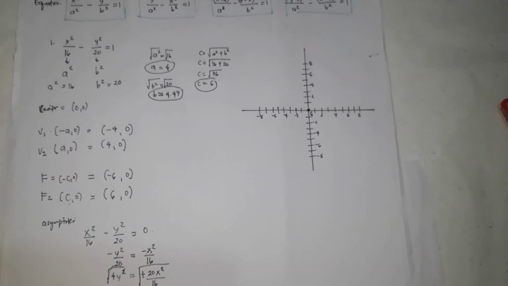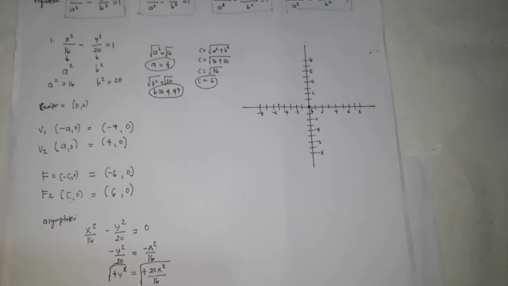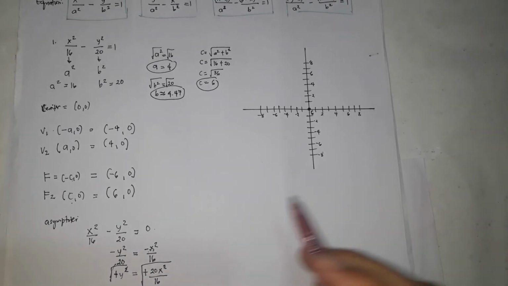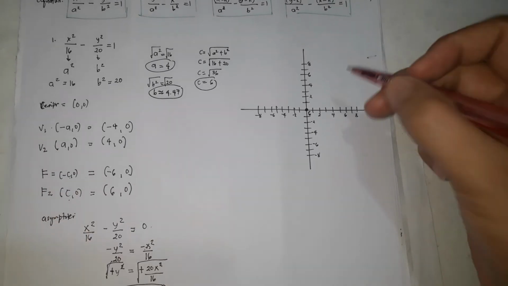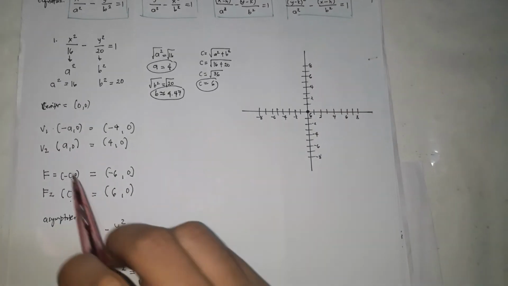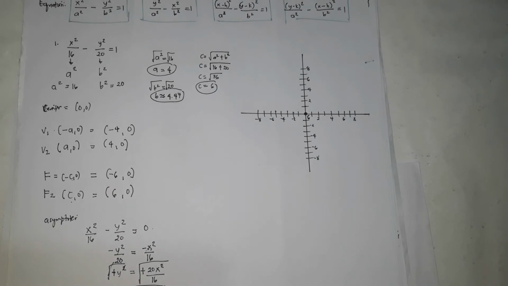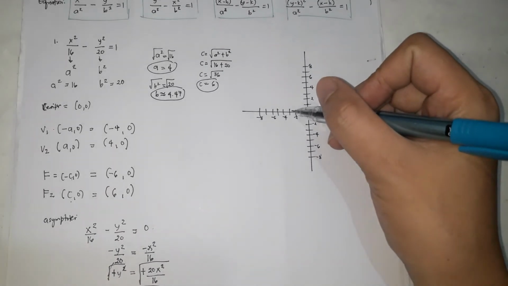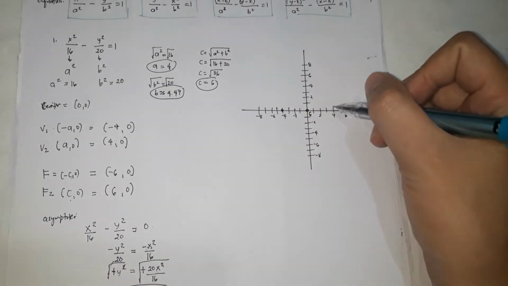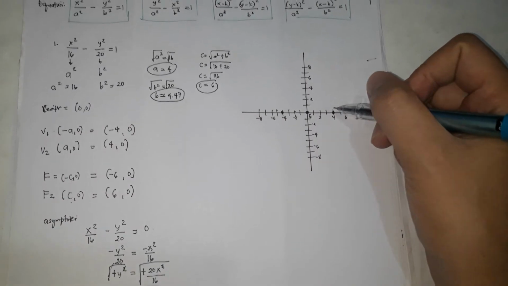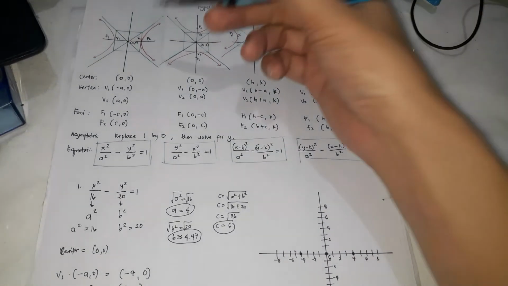So next, we're going to graph now the hyperbola. So to graph the hyperbola, we need the a, the c, and the b. So how are you going to graph that? So first is the center is 0, 0. So here's the center. The vertex is negative 4, 0 and 4, 0. We know na ang mukha ng graph is ganito.